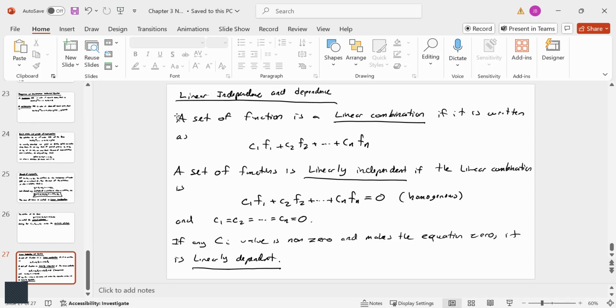That's the difference between independent and dependent. Again, this is a very complicated idea the first time you see it in this notion. But if you think about it in the context of combining like terms, all I'm saying is that if you can combine like terms and get 0, it's dependent. If you cannot combine like terms, and the only way that you could get rid of everything is by putting a 0 in front of it, it's independent, right?